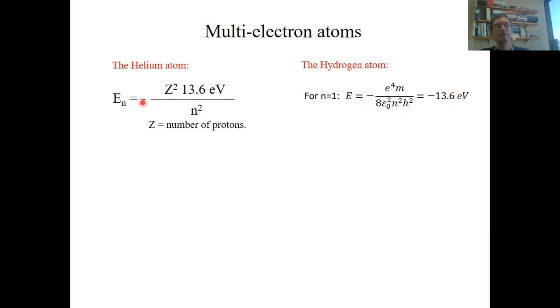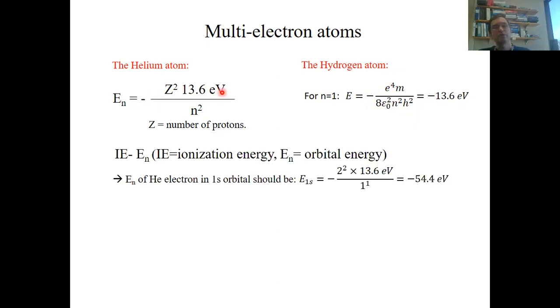And then En for a multi-electron atom is just minus Z squared times 13.6 electron volts over n squared. All right, so now let's go to the simplest multi-electron atom, the helium atom, which has 2 protons in the nucleus and 2 electrons around it.